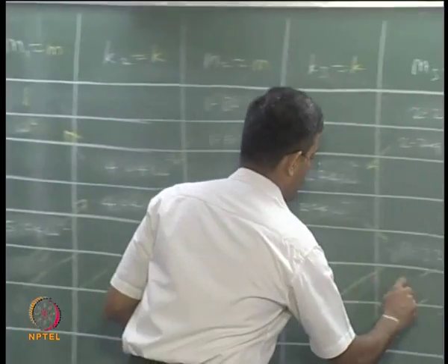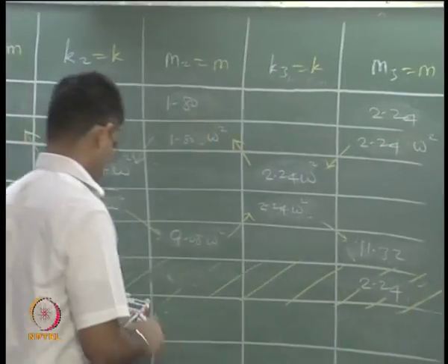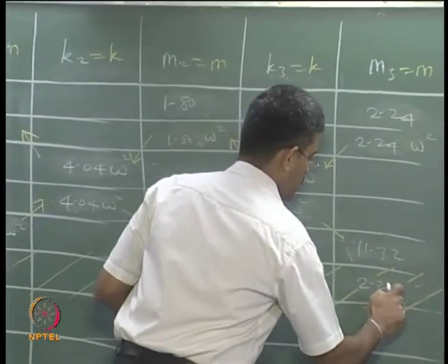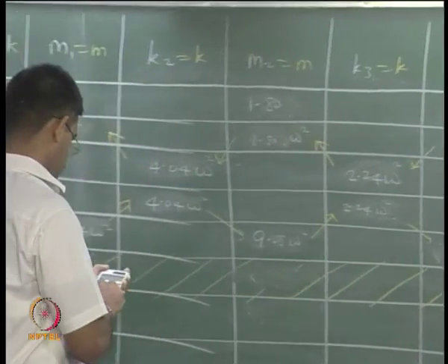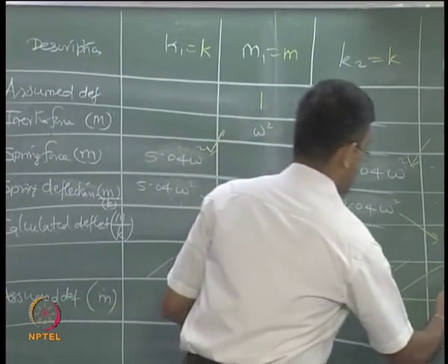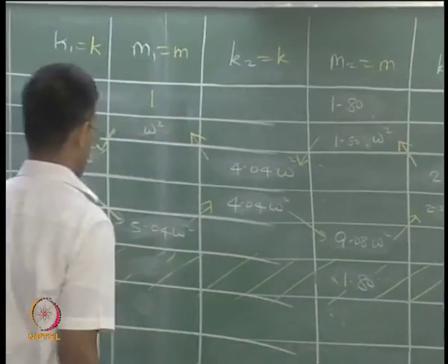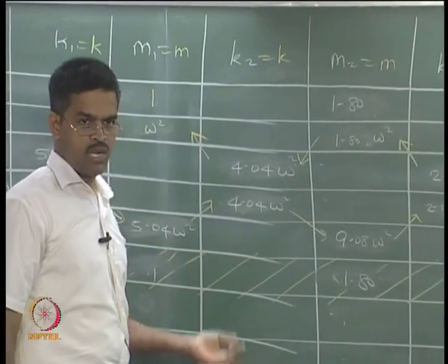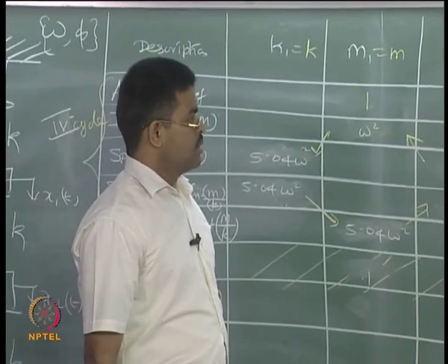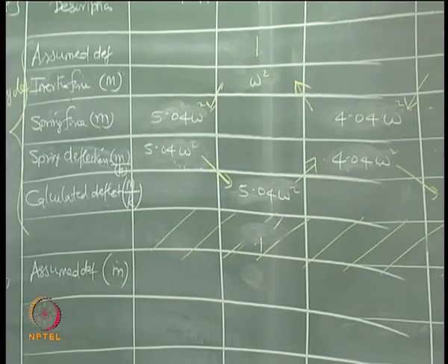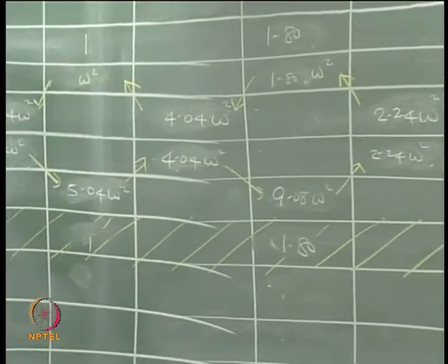This has become 2.24, it rather becomes 2.25, but let us say 2.25. This is 1.795, I can call it 1.8, this is 1. So, I can assume that we have converged to the value we started with. Once the convergence is reached, I am interested to find out the omega and phi from this. How do I do that?